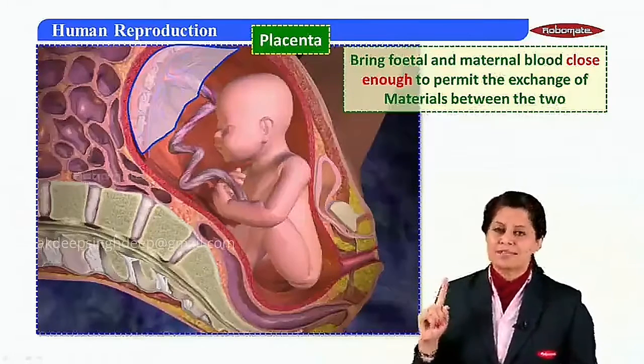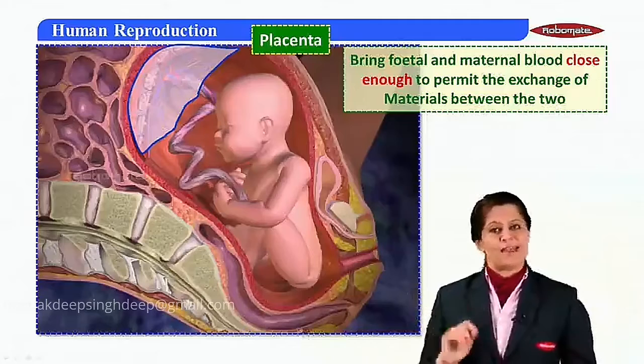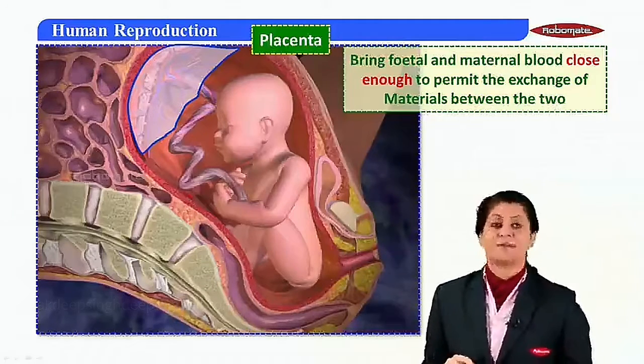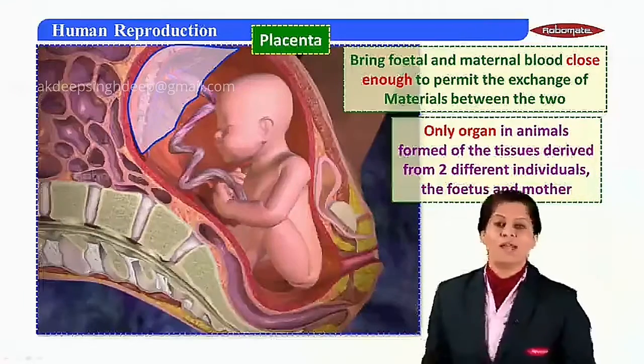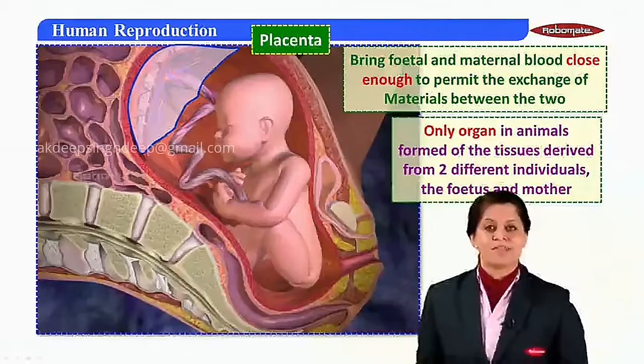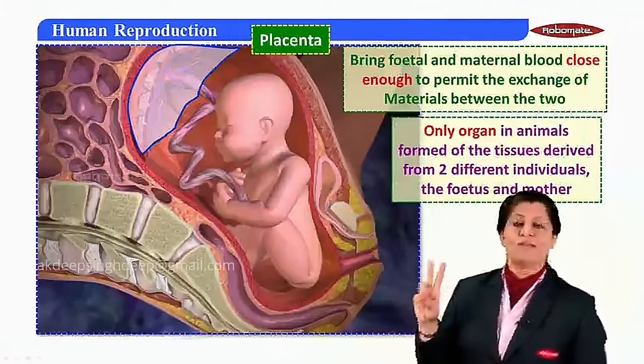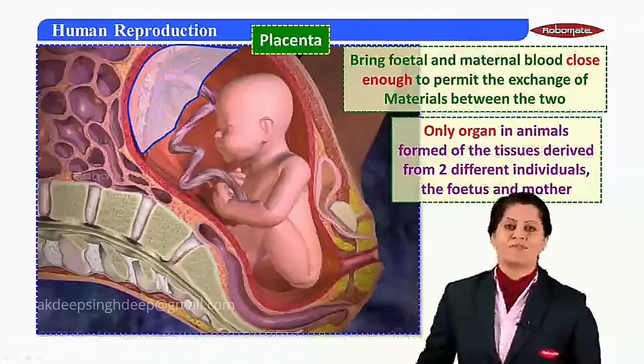Remember, the bloods come close enough. They can never mix. They do not mix. It is the only organ in animals which is formed from the tissue of 2 individuals.